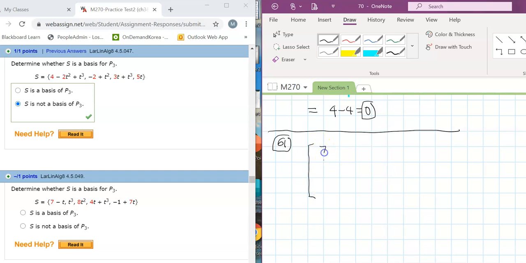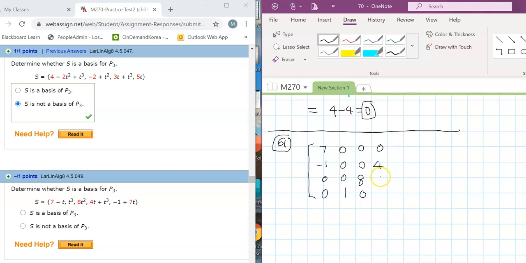This is 7, -1. This 0, 0. This is t cubed, 0, 0, 0, 1. It's going to be a bunch of zeros as well. 0, 0, 8, 0. The third one is 0, 4. 1, 2, 3, 4. Oh my God, 5 of them.